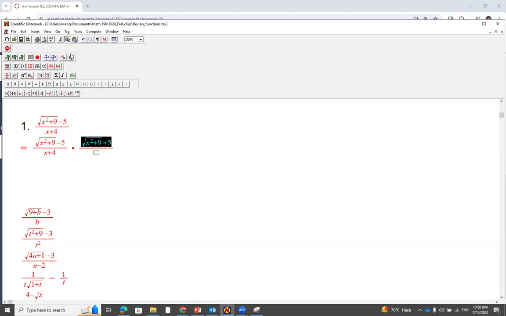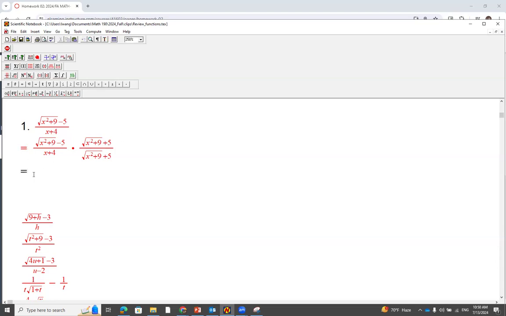So the quantity in the numerator and denominator is the same, so this is 1. So 1 is replaced by a quantity whose numerator is the same as the denominator. So we multiply by 1. Anything times 1 stays the same. Therefore, we can justify the equal sign.